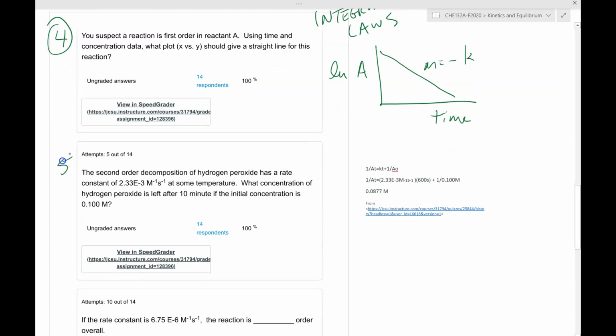On number 5 here, you're given an example problem applying integrated rate laws, where you've got an initial concentration, so this is our initial concentration here. We've got our rate constant, and then we've got an elapsed time. So this is for the second order, so this is our second order integrated rate equation.